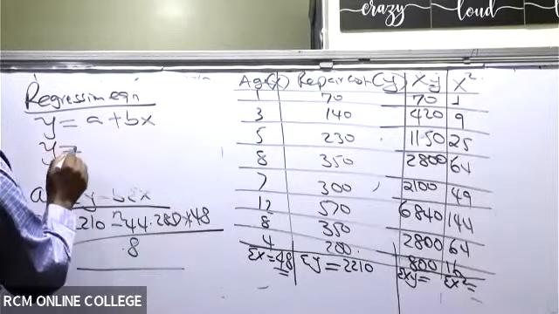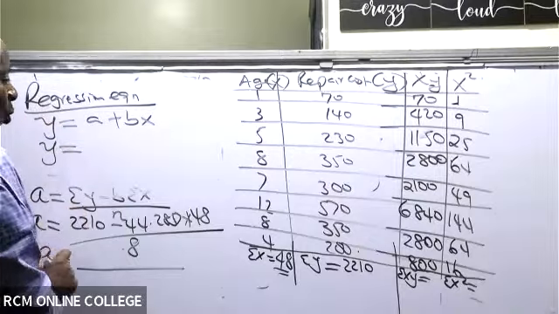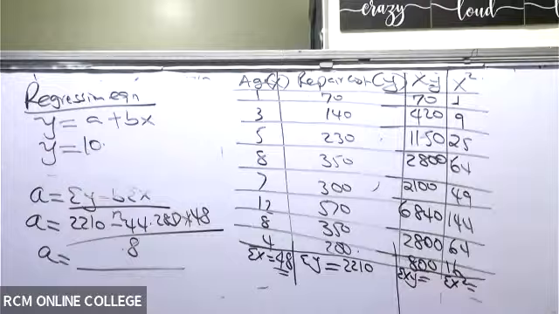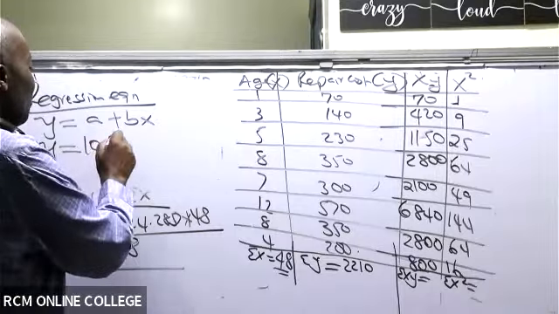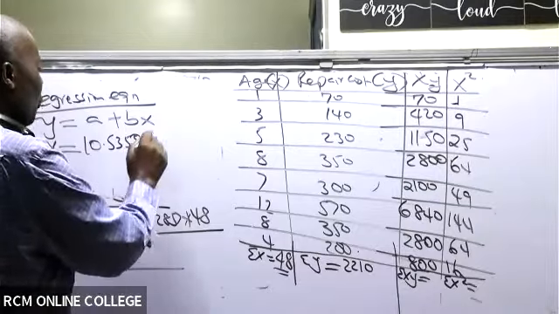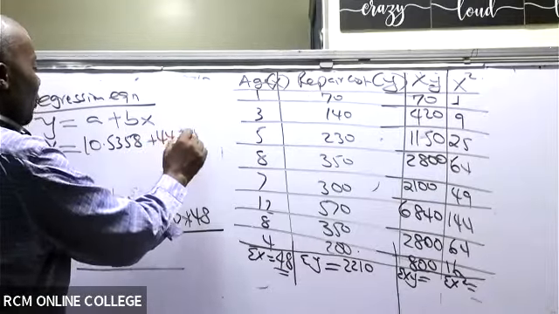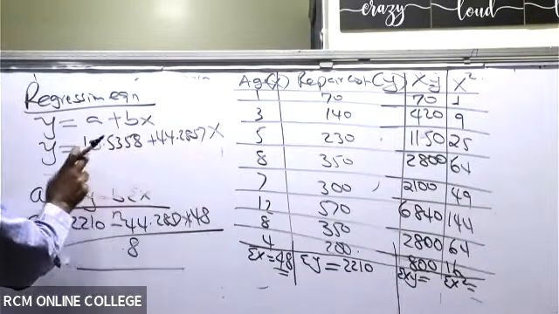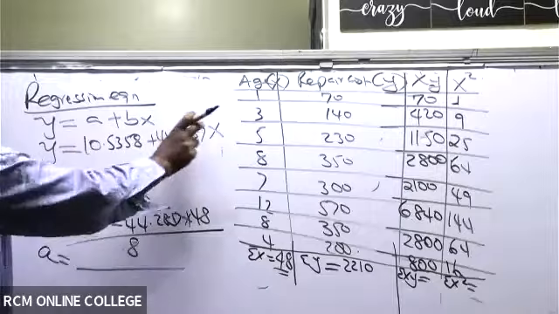So my y will be equal to a that we got here, which I remember was 10 point something, 10.5358, plus b, which is 44.2857 x. Remember, the regression equation gives us the connections between the dependent variable and the independent variable.